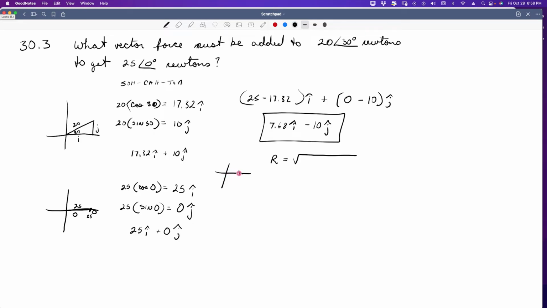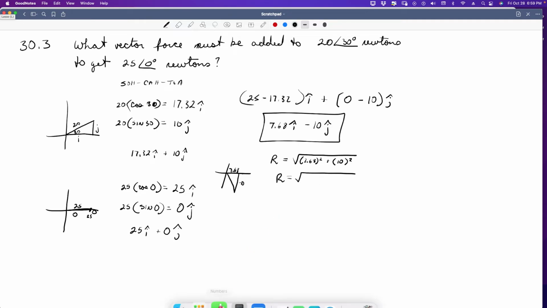So this is 7.68, and then this is a negative 10, so it just tells us it's 10 long. So we're going to do 7.68 squared plus 10 squared.